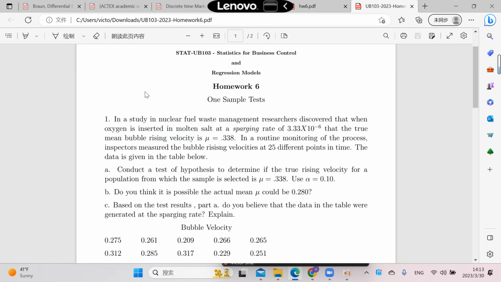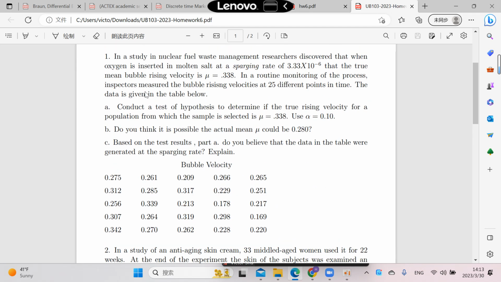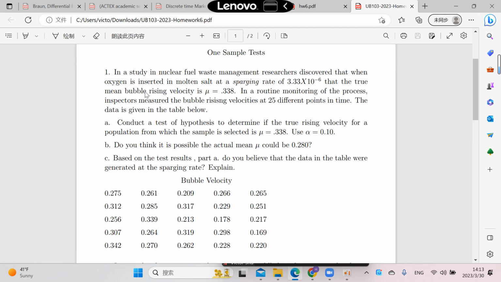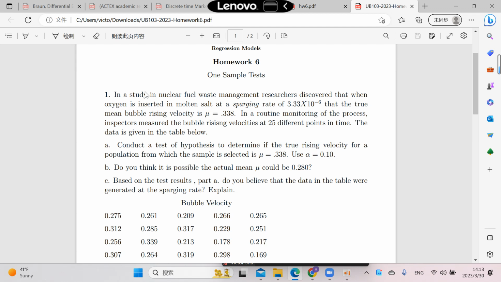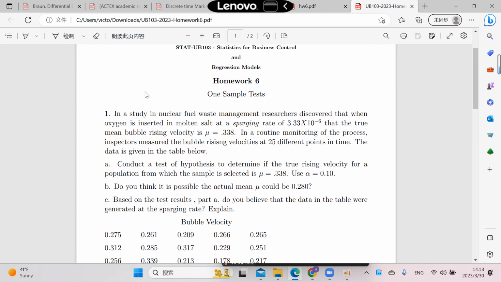It's not very difficult because you only have 25 observations, so you don't have to use a solver. Then you just plug in all of the numbers, x bar minus mu divided by s over square root of n, and you get your t statistic.